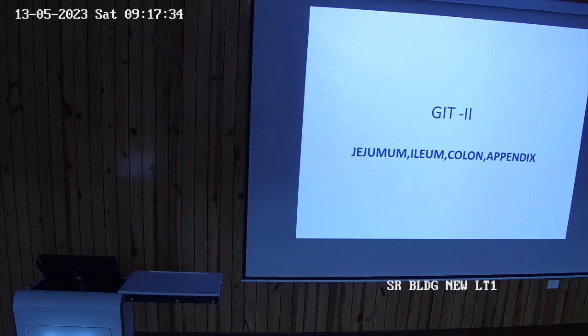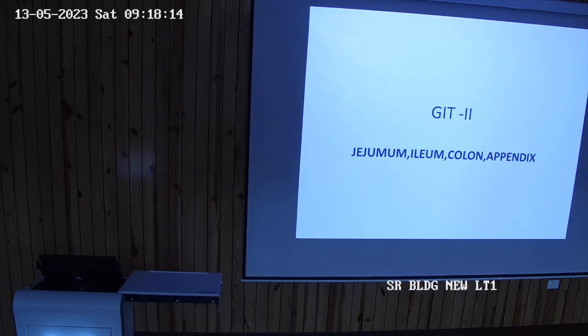All right, and these villi you can see only under the microscope, not with the naked eye. Understand? Macroscopically you can see the plica circularis. The difference between the plica circularis and villi: in plica circularis, the mucosa and submucosa both are present, while in villus only the lamina propria, or maybe some smooth muscle fibers from the muscularis mucosa if required, nothing else.